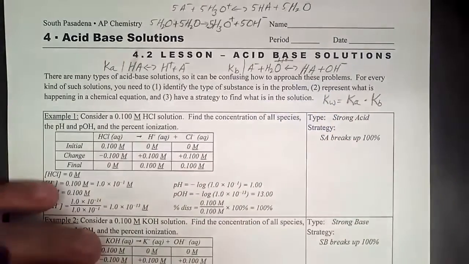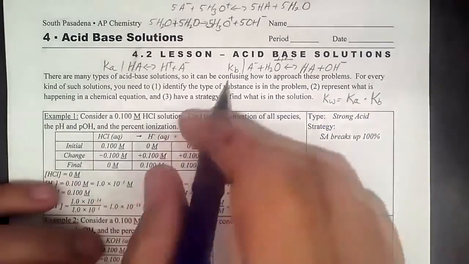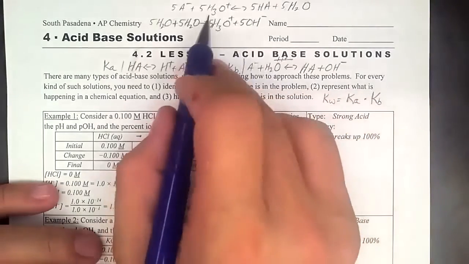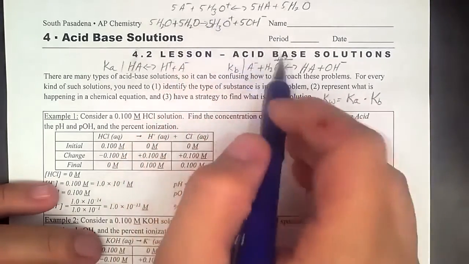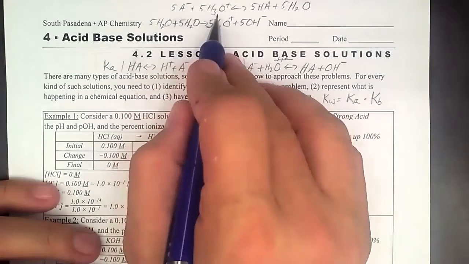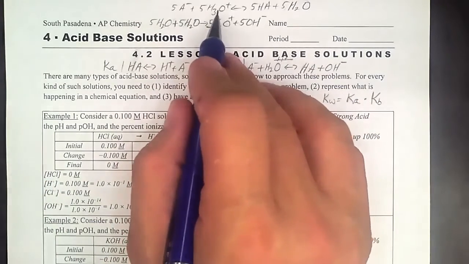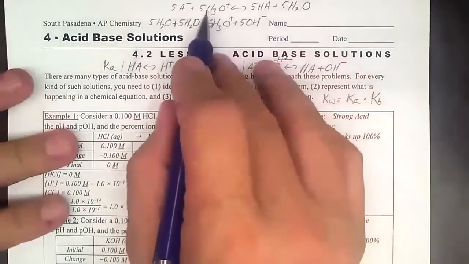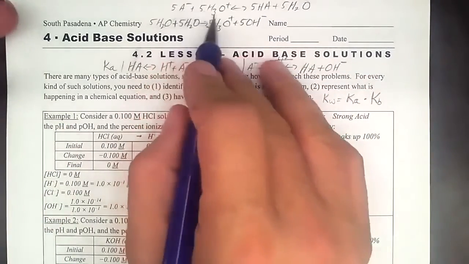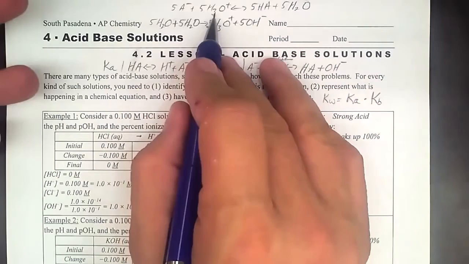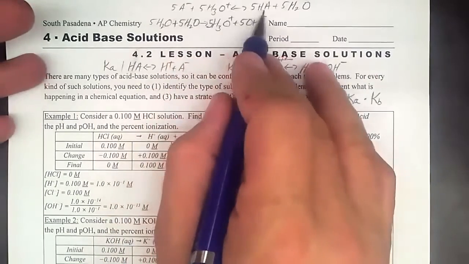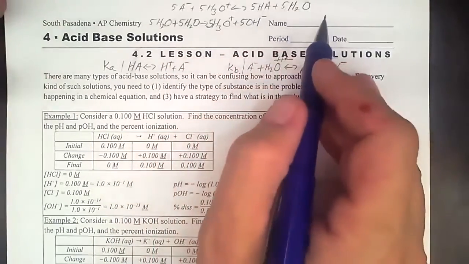Well, then a kid says, no, no, no, that's not what would happen. It would pick it up off of H3O plus because you said H plus is really hydronium, so I'm going to write out this. Okay, except I have a further point. Let's write that out and say that it did that. So let's say 5 A minuses picked up the H off hydronium and formed 5 HAs and 5 waters.